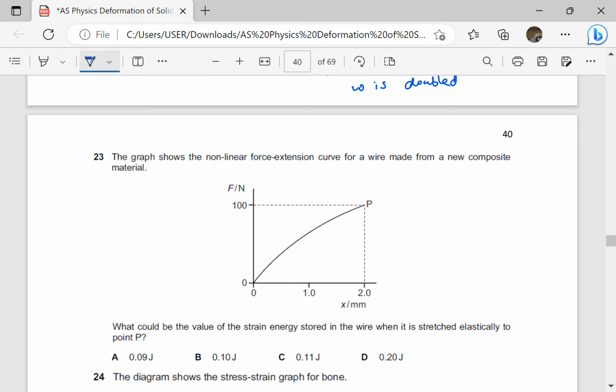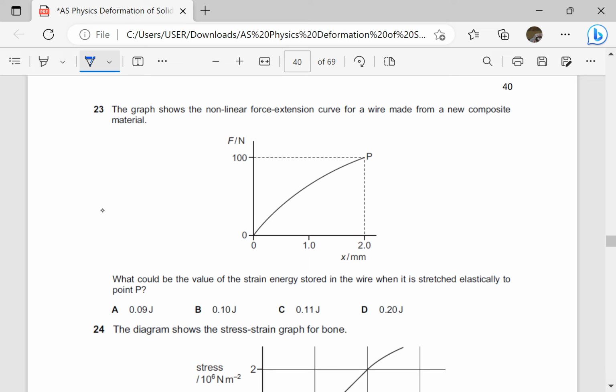And lastly, for part 2, I will stop on this page. The graph shows the nonlinear force extension curve for a wire made from a new composite material. What could be the value of the strain energy stored in the wire when it is stretched elastically to point P? So I will just get two areas.